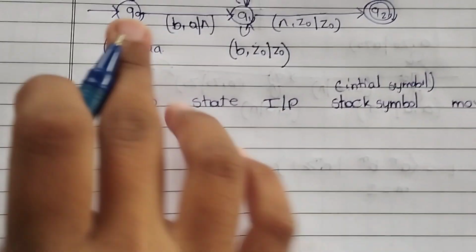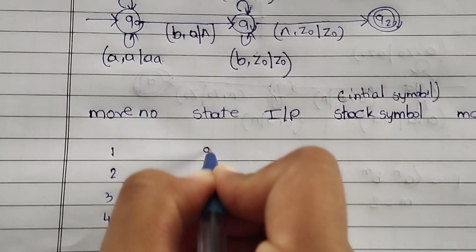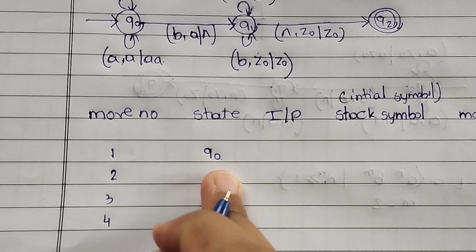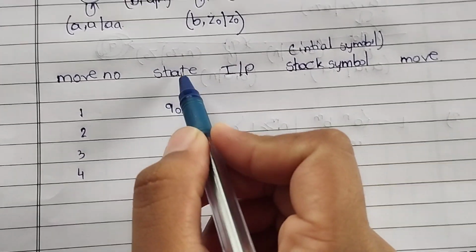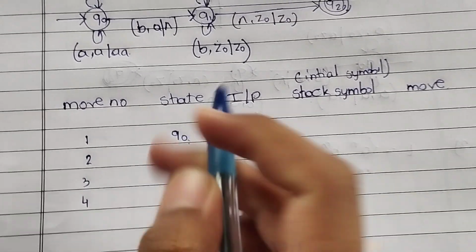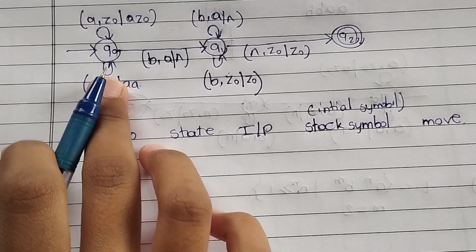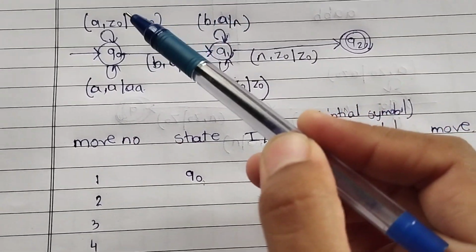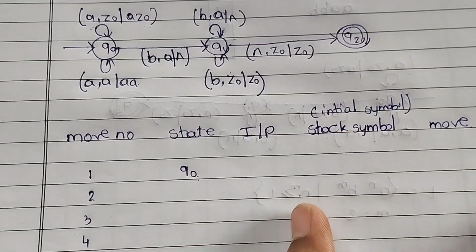Under state, from which state do we start? Initially we start from the Q naught state. So the first state is the initial Q naught, where we start. Keep writing all the things as they are here.